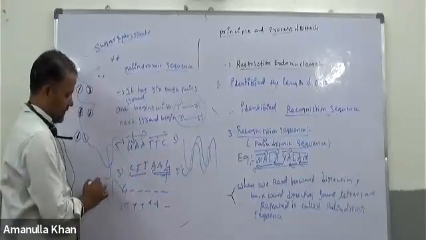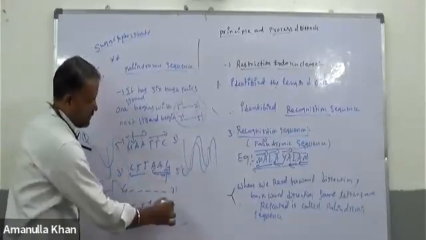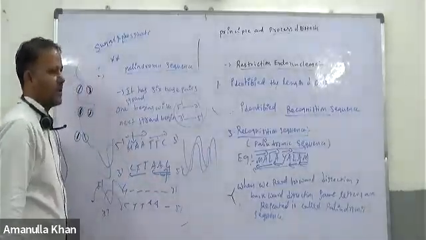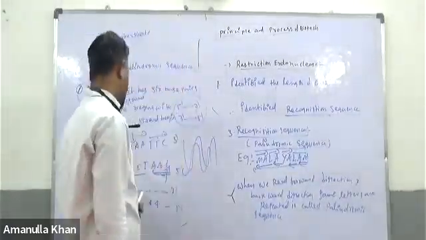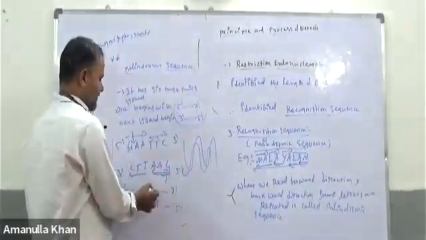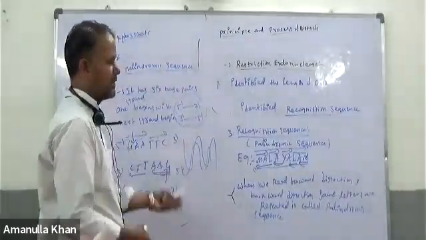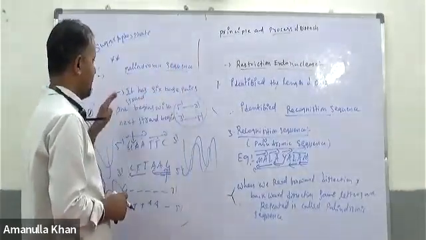Now these are 5 prime to 3 prime direction, and these are 3 prime to 5 prime direction. So one strand is the overhanging strand. This strand is called sticky ends. Why are sticky ends important? They join with other DNA. They facilitate joining with other DNA.